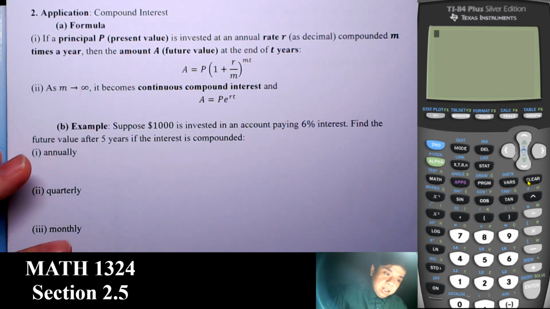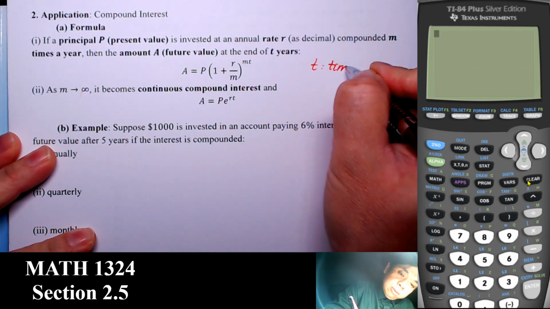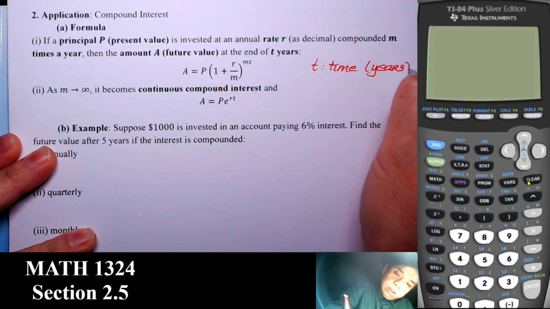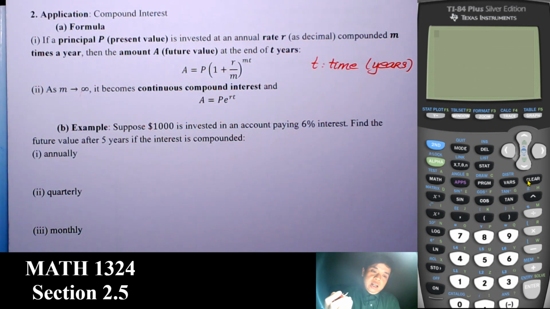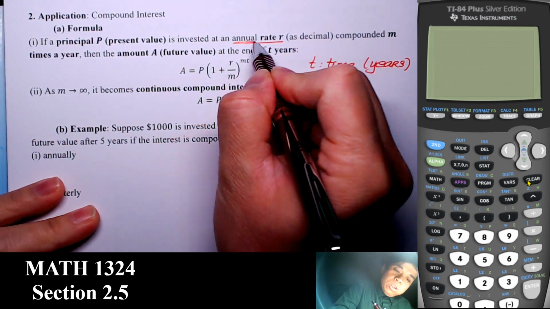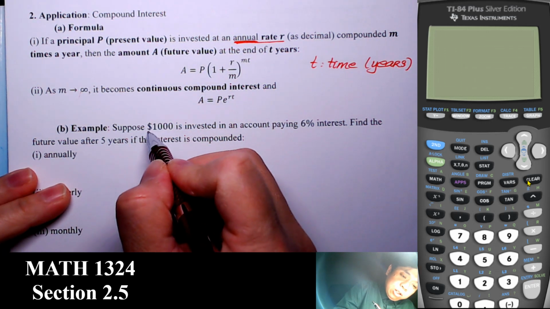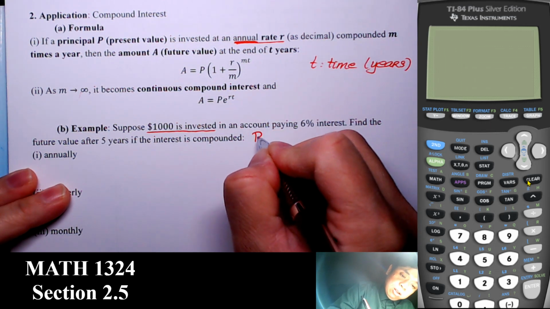So a few things here. t is the time in years, m is the number of times it is compounded a year, and r is the rate for the whole year. Right, so in this case, let's write out what we have. So this is an investment, so that is the original amount or the present value.